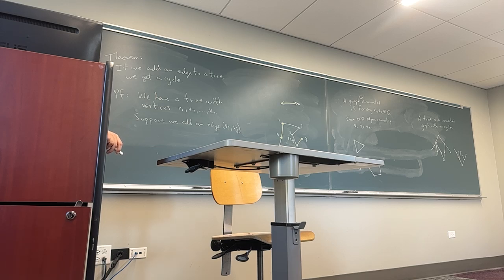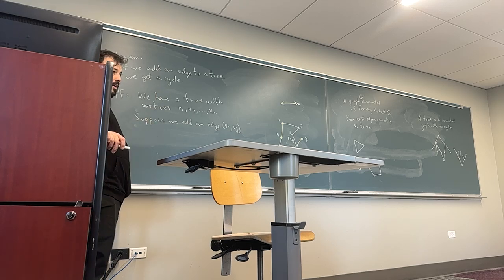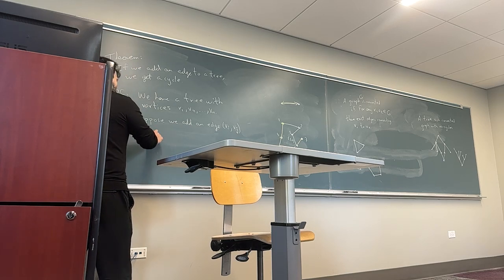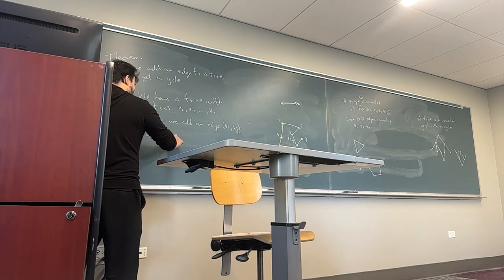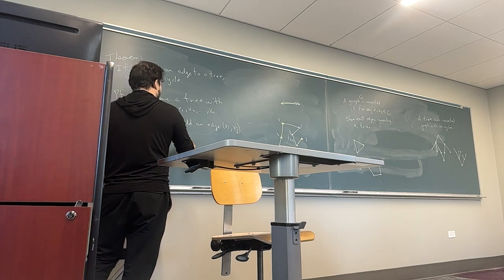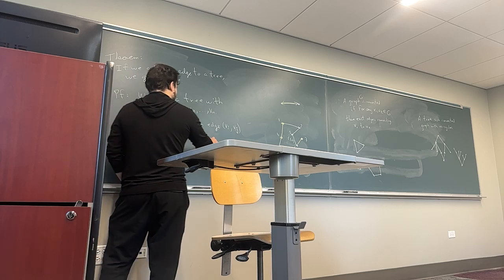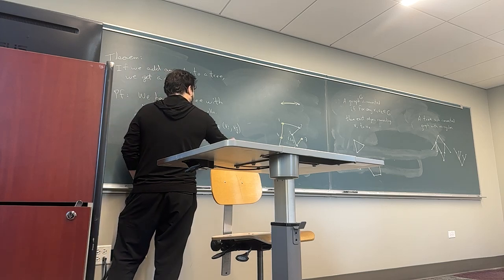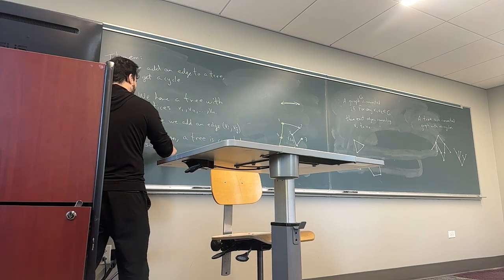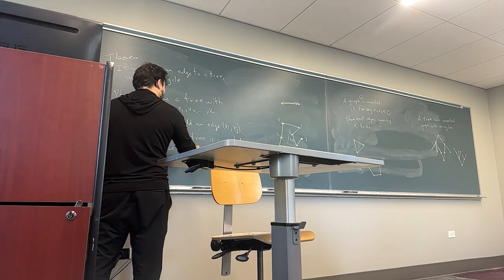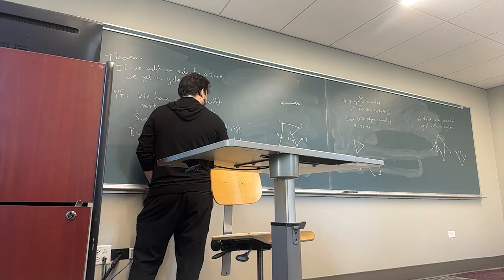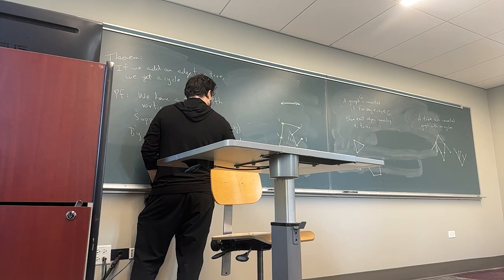All right, so suppose we add an edge Vi, Vj. By definition, a tree is connected. So there is a path from Vi to Vj.